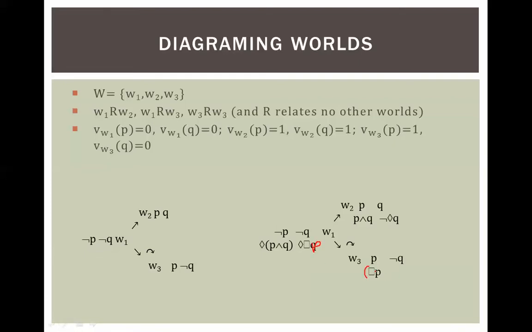And that's, again, because necessarily P is true at W3, W1 accesses that world, so possibly necessarily P is true at W1, and that's because of those truth conditions, right? Possibly A is true if there's some world that W accesses where A is true. So possibly necessarily P is true if there's some world that W1 accesses where necessarily P is true. All right, so this is how you diagram worlds, and here's some extra stuff that you could do with that.